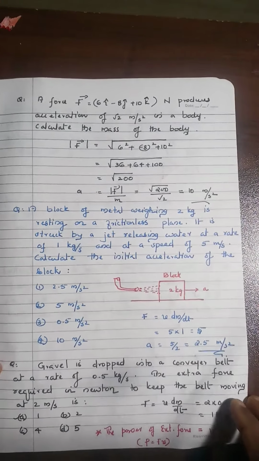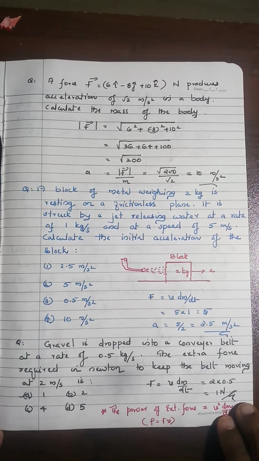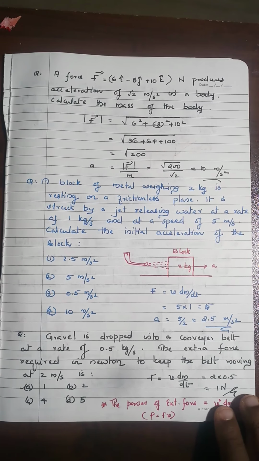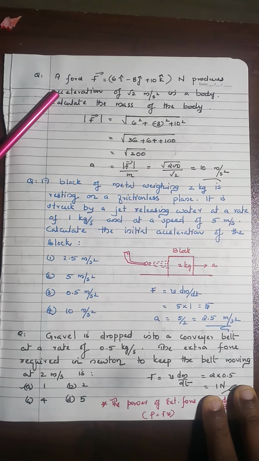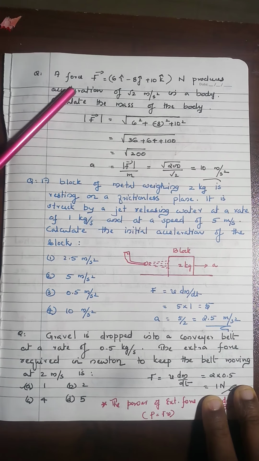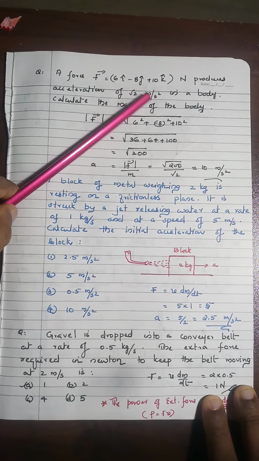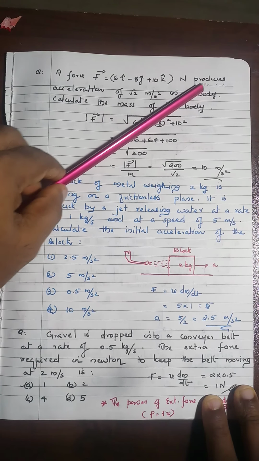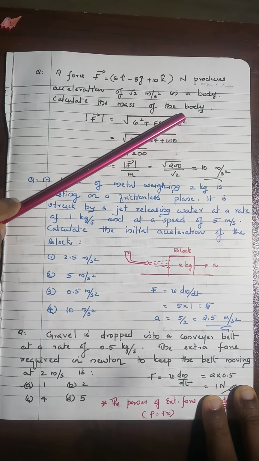We can go with different types of problems. Maybe a very important concept, the different usage of the second law. Look at the question. A force F is equal to 6i minus 8j plus 10k Newton produces an acceleration of root 2 meter per second square in a body.